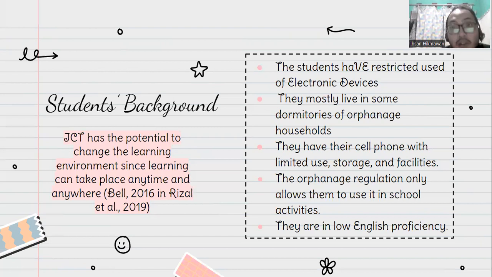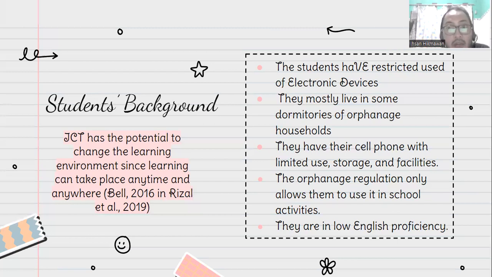The first one is they have restricted use of ICT or electronic devices because they mostly live in dormitories and orphanage households, which have strict rules to use ICTs, with limited use of electronic devices.